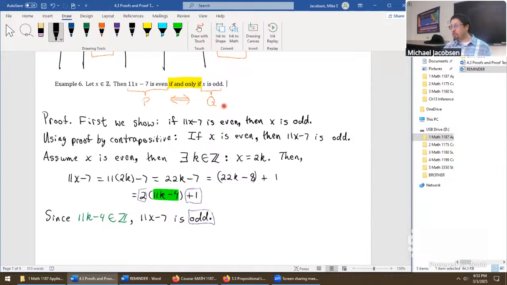I want to write down a really quick statement here just so I don't forget. Next, we must show the reverse direction. If x is odd, then 11x minus 7 is even.